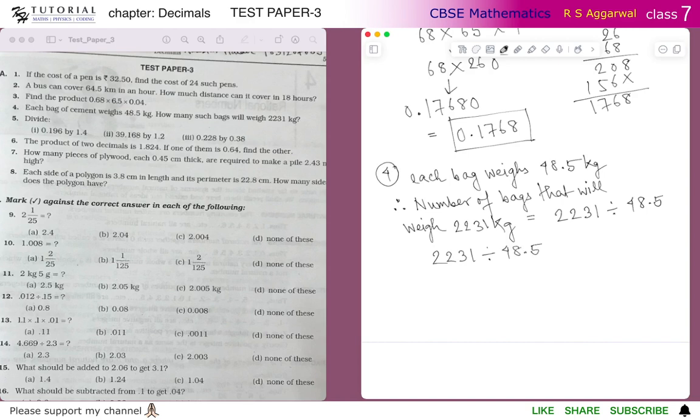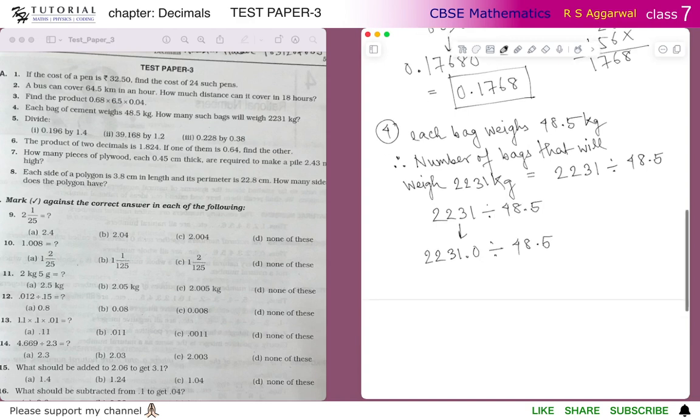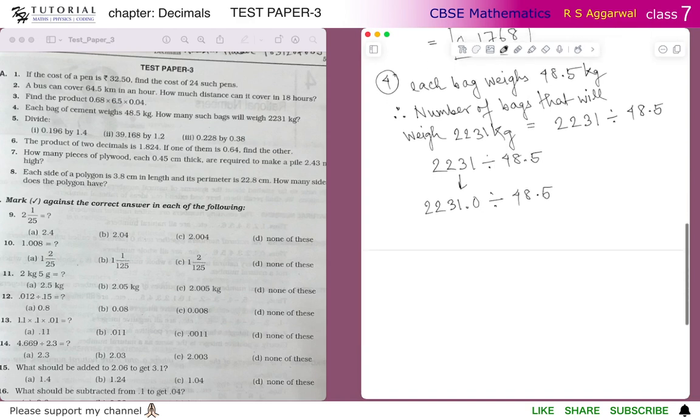Now this is a kind of division problem where you have to divide a decimal number. 2231 is a whole number, it can be converted to a decimal number like this, 2231.0. So this is a division of a decimal number by another decimal number, which we already discussed in class number 5 part 3.